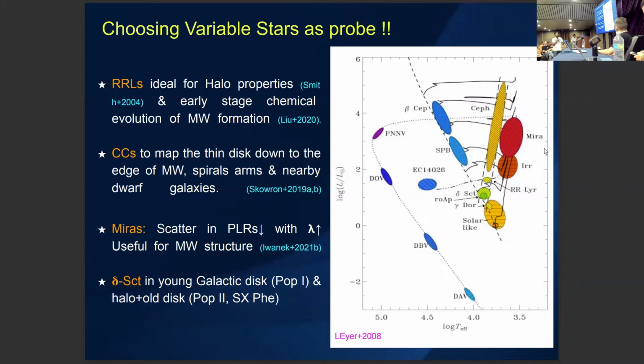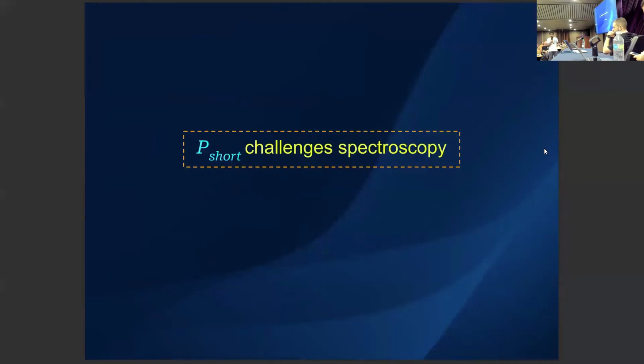But studying the spectroscopy for this type of short period variables is really very challenging, because when we go for the high resolution spectroscopy, the short period becomes smaller than the exposure time. So it creates some problems. The estimations for the short period variables become complex in these cases.